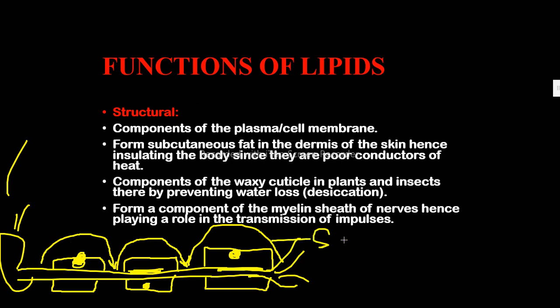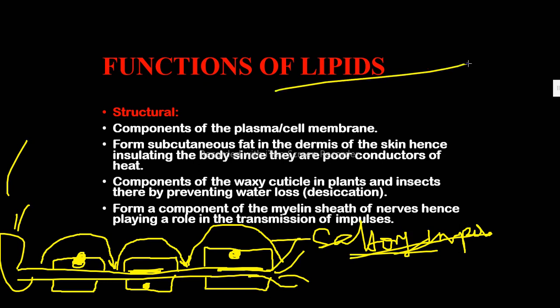And we call this the saltatory mode of impulse transmission. Now this saltatory mode of impulse transmission is far faster as compared to when the axon was non-myelinated. So this one is going to be transported faster than when it was non-myelinated. Okay?